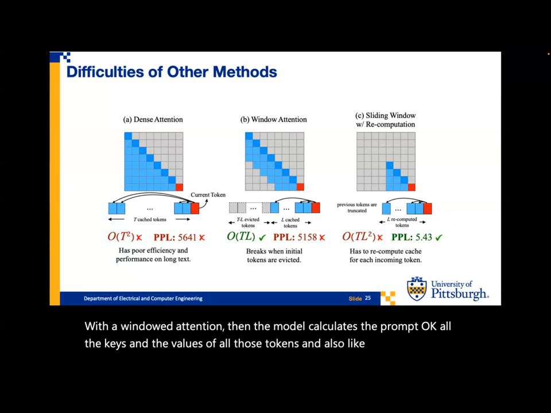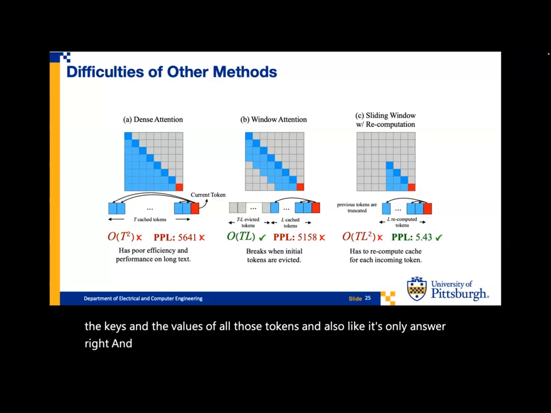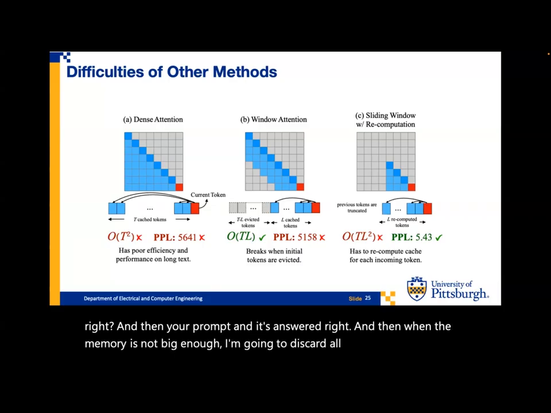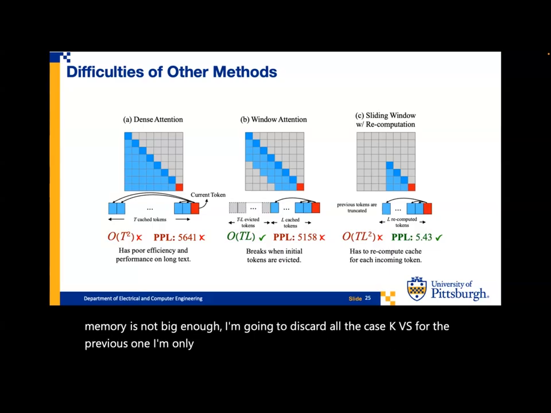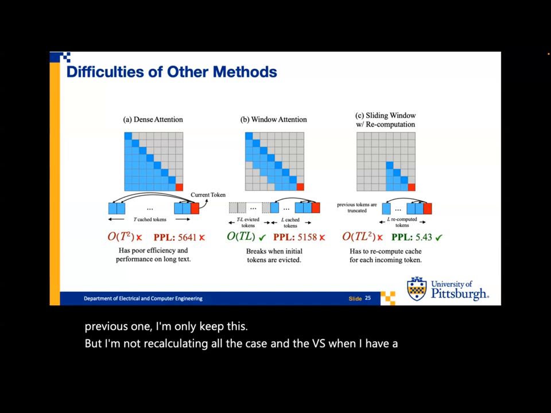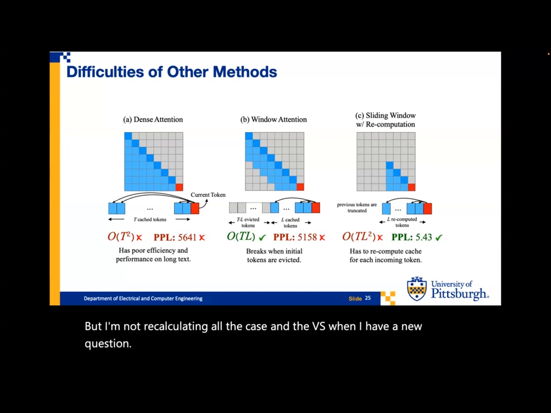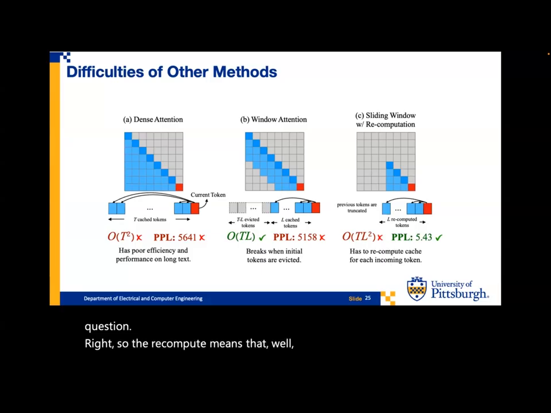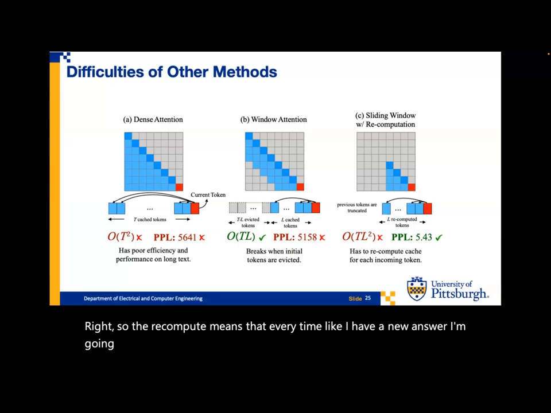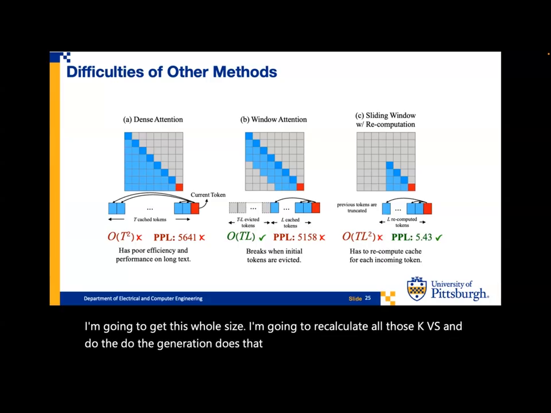Then when the memory is not big enough, I'm going to discard all the KVs for the previous ones and only keep this. But I'm not recalculating all the Ks and the Vs when I have a new question. The recompute means that every time I have a new answer, I'm going to take this whole size, recalculate all those KVs and do the generation. Does that make sense? This recalculation will work, but just keeping the older ones will not work.